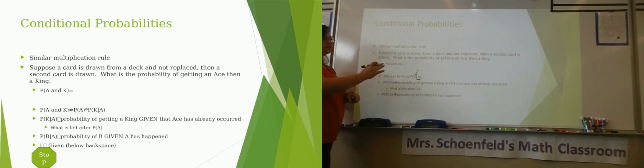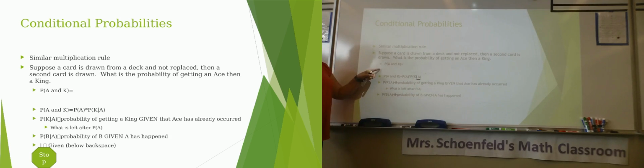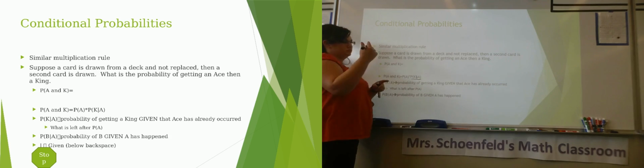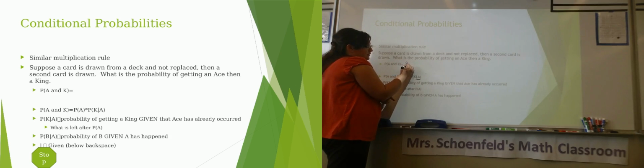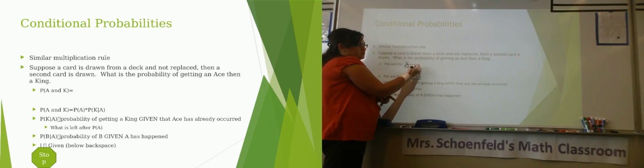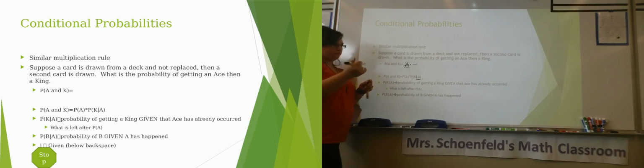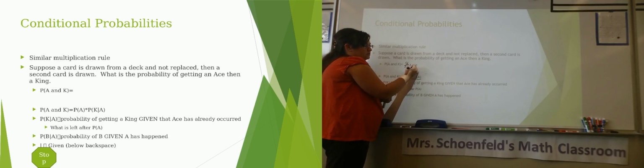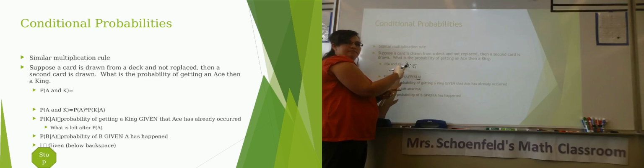So now let's actually do this with the kings and aces. What's the probability of getting an ace? 4 out of 52. I didn't put that back. How many cards do I have left? No, I just drew one of them. 51. How many kings do I have left? Did I draw a king the first time? Nope.